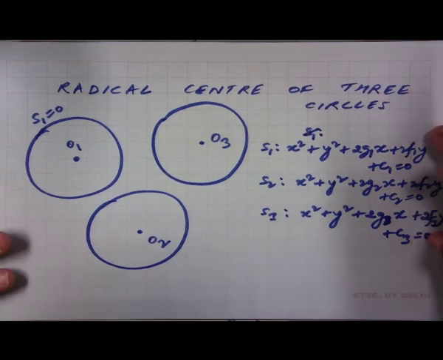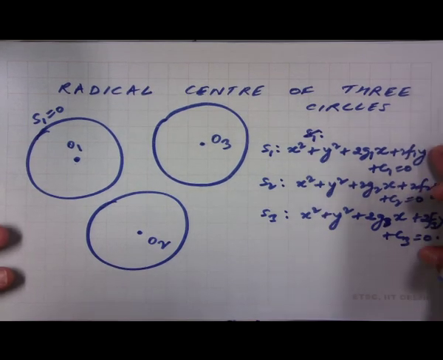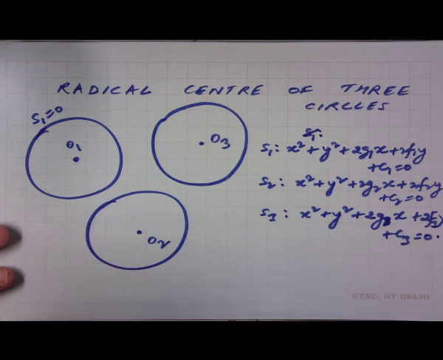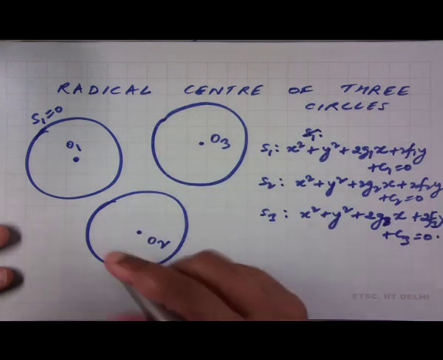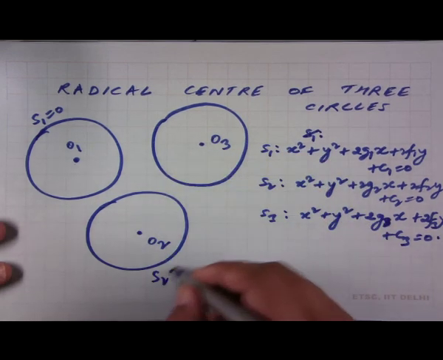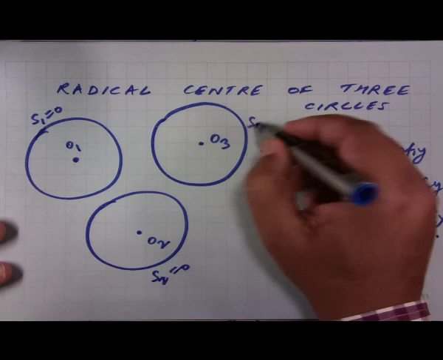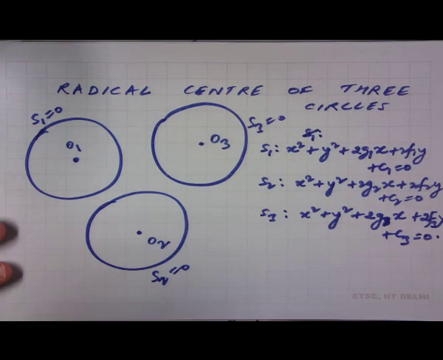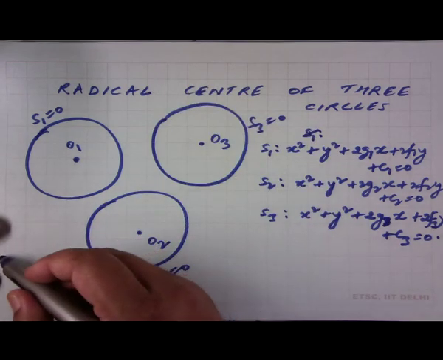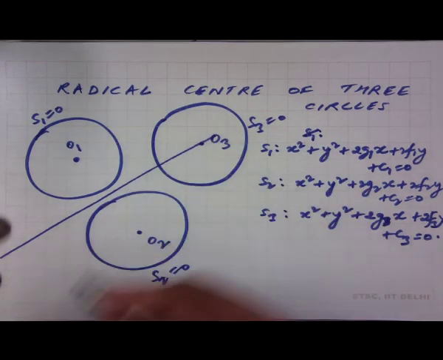So, let us say that these three equations are given to us, and we will basically define what is meant by the radical center of three circles. We already know that the equation of the radical axis between the first and the second circle is a straight line.